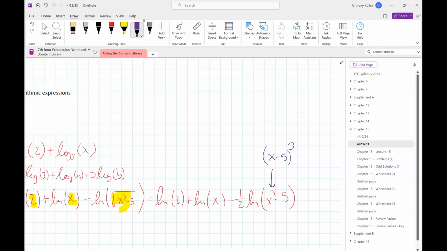Right now, the power is only attached to the x. So if it was x minus 5 cubed, then I could do a power property on that. But x cubed minus 5, no power property. Do you guys see the difference? I'm going to erase that piece now.